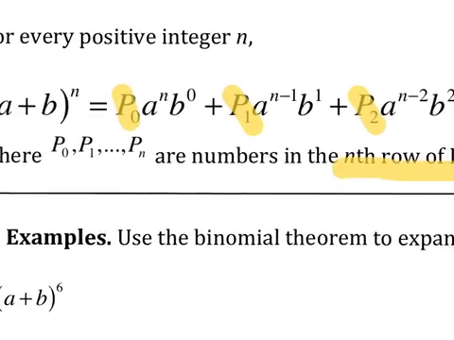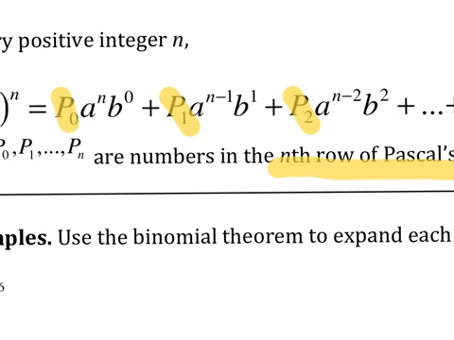The second part is, notice how a decreases by 1, decreases by another, etc. And the b increases as you go. The exponent increases. All the way until the b is at its max and the a is at its lowest, to the 0.